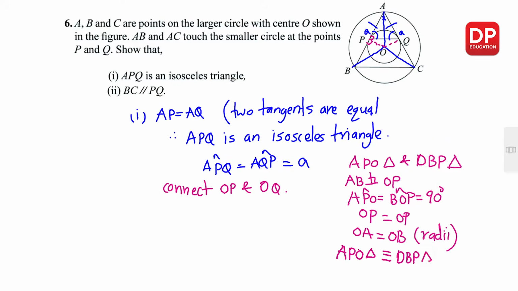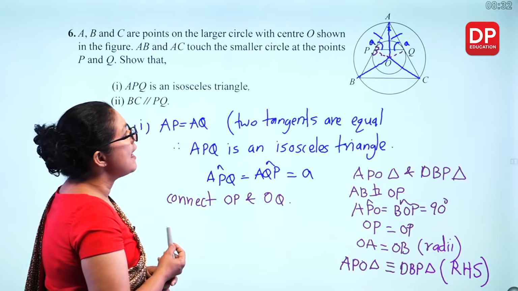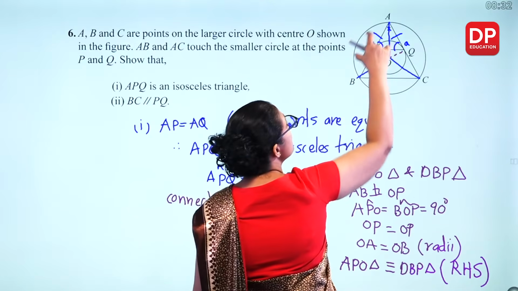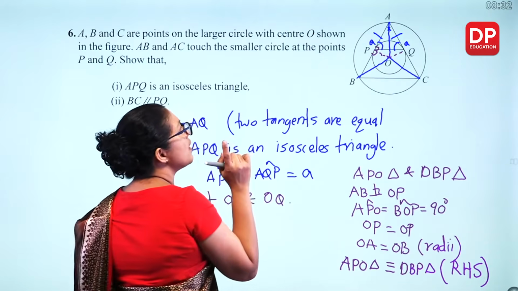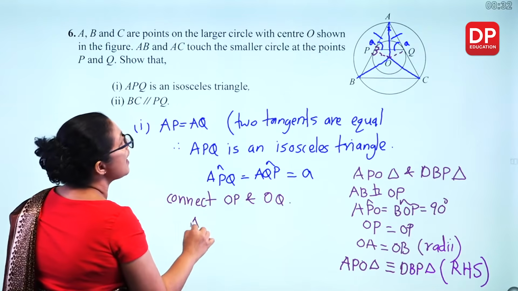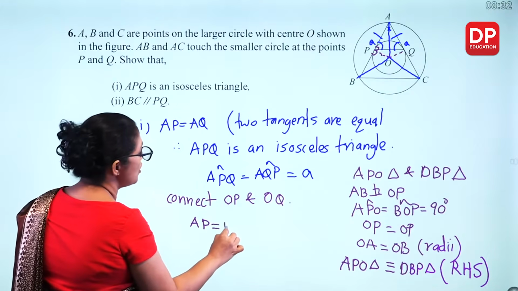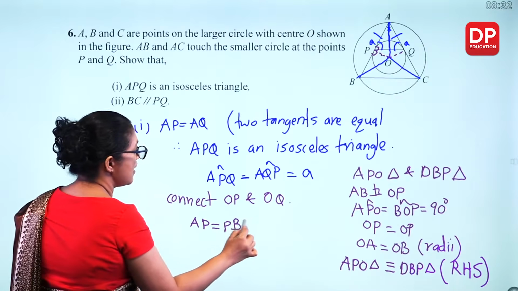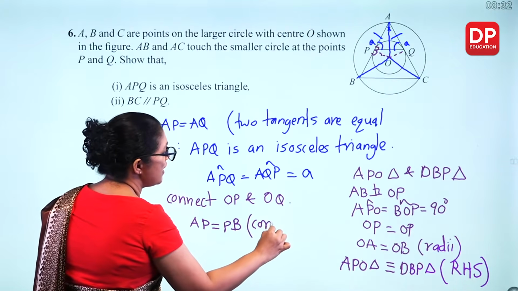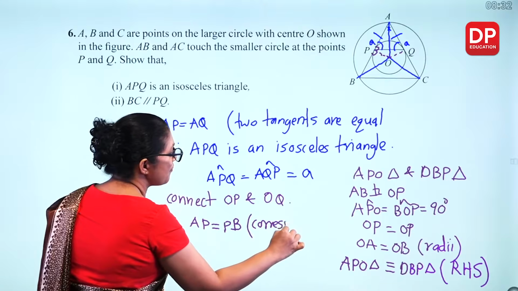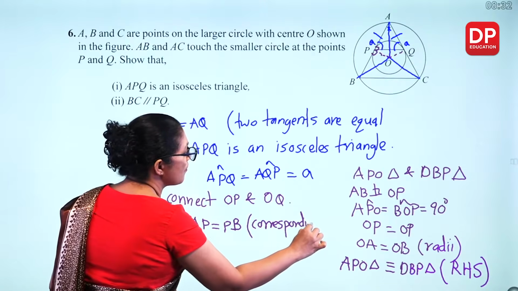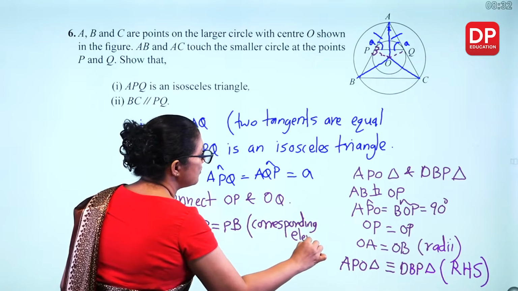You can take RHS, right angle, hypotenuse and one side. Then we can say corresponding elements are equal. Therefore, AP is equal to PB, corresponding elements.